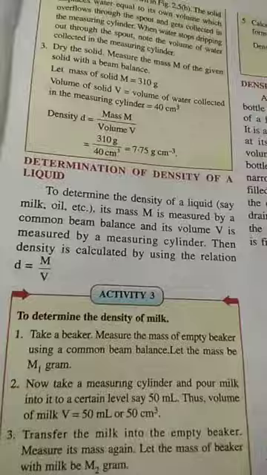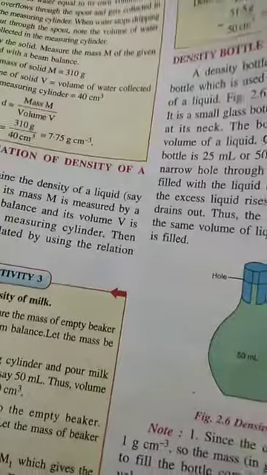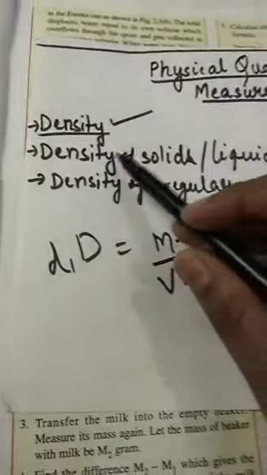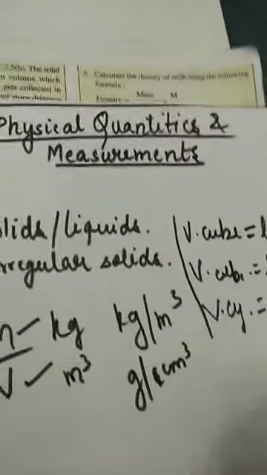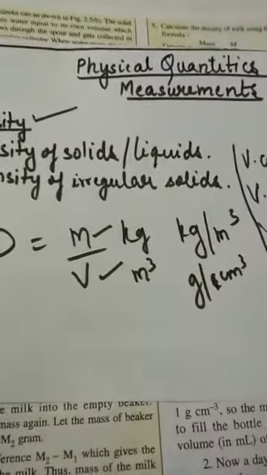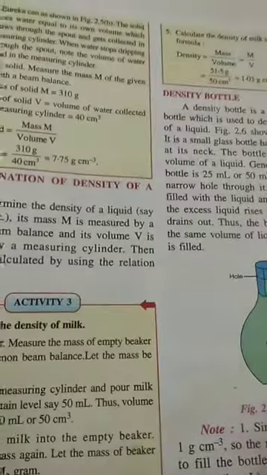This way we understood about density, the density of solids and liquids of a regular object, and the density of irregular solids like stones or pebbles.